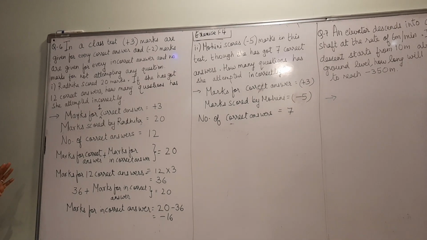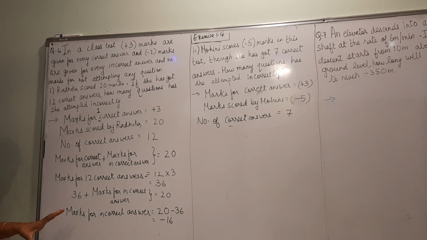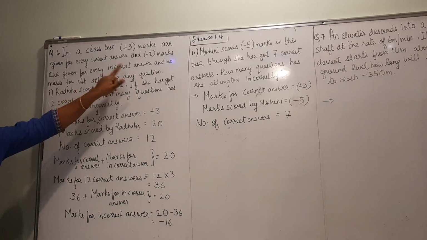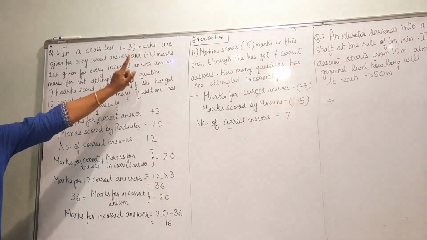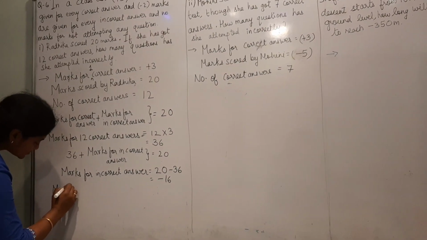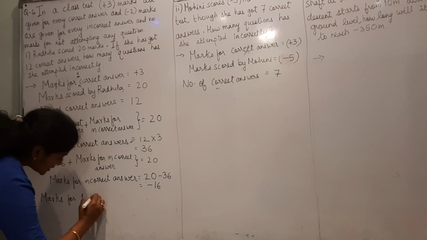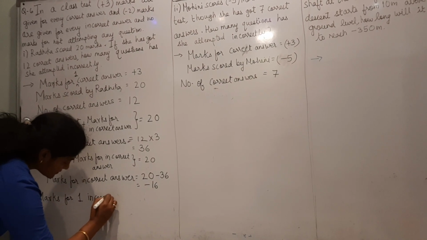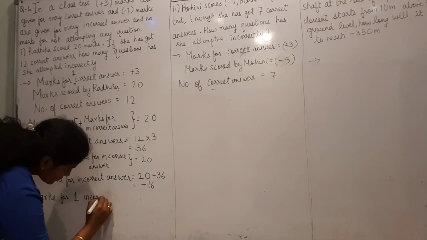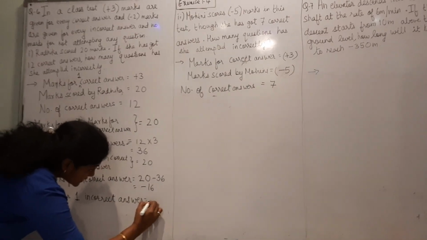Now the answer is not over. You have to find how many questions she has answered incorrectly. Now you know marks for one incorrect answer is -2. So you have to write marks for one incorrect answer, that is -2.